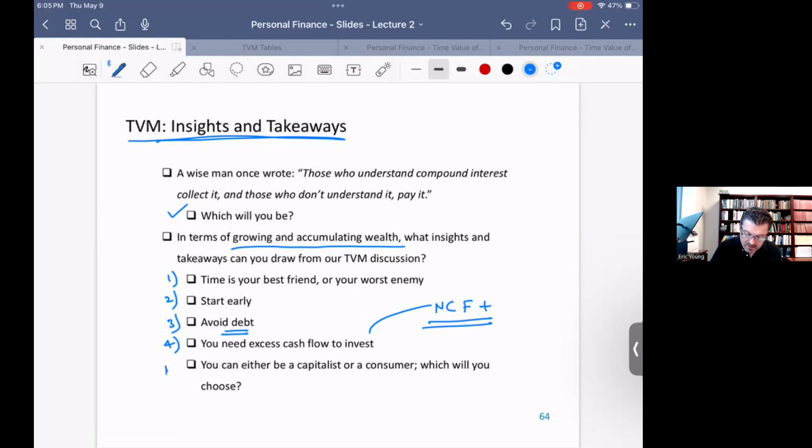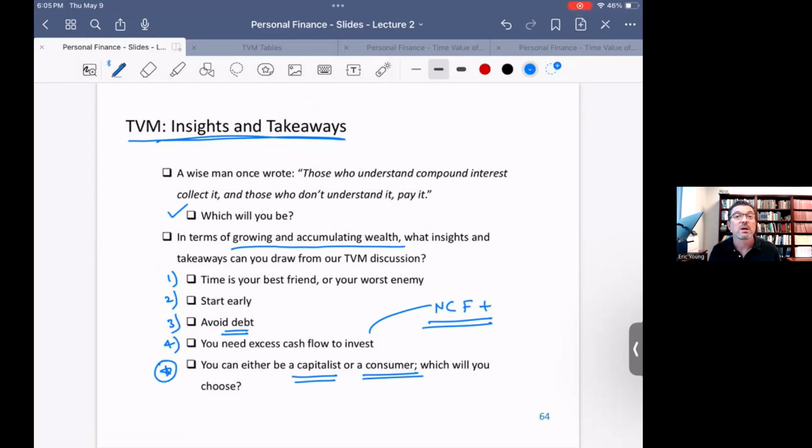And that leads to what really amounts to a focus question I want to leave you with today. As you contemplate your future, you can choose to go in one of two broad directions. You can choose to be a capitalist or a consumer. A capitalist saves money, acquires assets, lives below her means.